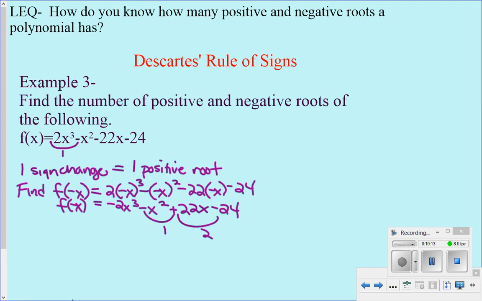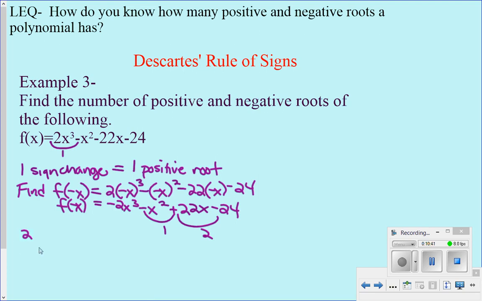We didn't have to do this with the last one because there was only one sign change. But when this number of sign changes is bigger than 1, you first of all include that as a possibility. So I could have 2 negative roots. But I then have to take that number, 2, the number of sign changes, and subtract 2. 2 minus 2 is 0.